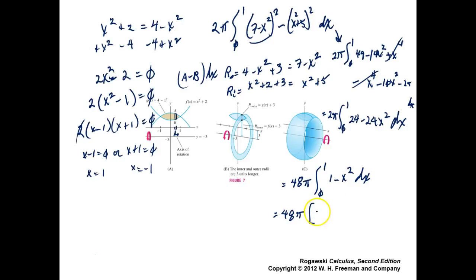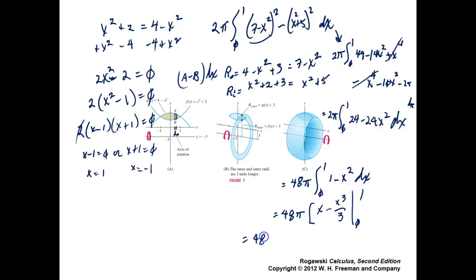Antiderivative of 1. X, okay. Minus x cubed over 3. Evaluated from 0 to 1. Okay.